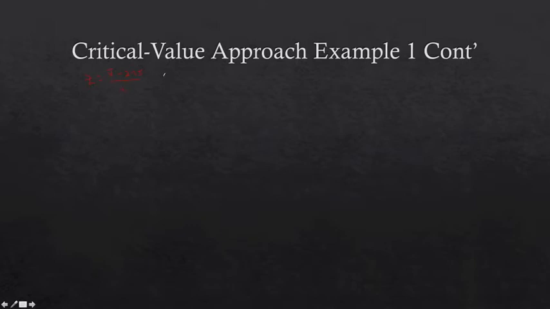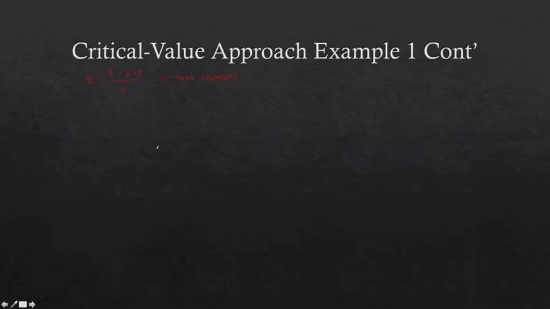This is what we call our test statistic. Now, we need to figure out what our critical value is. That's going to be the value that is the determining line between reject and accept, basically.